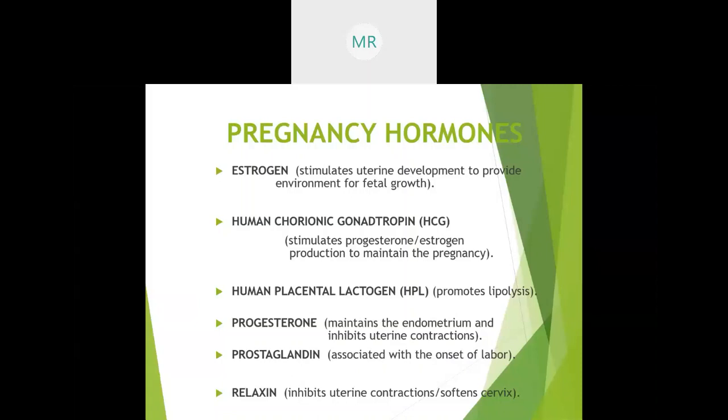It stimulates progesterone and estrogen production to maintain the pregnancy. This is the hormone that will signal the body that you are pregnant. Once implantation occurs, this HCG, this pregnancy hormone, will increase, and then it will signal the body that you're pregnant.